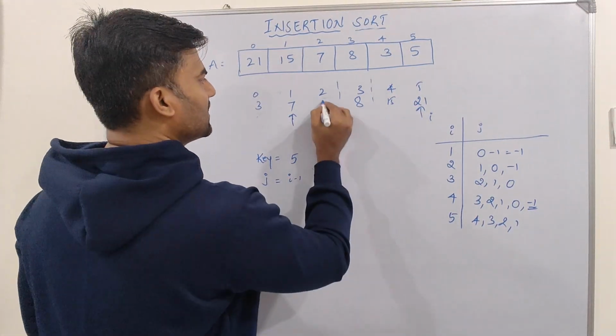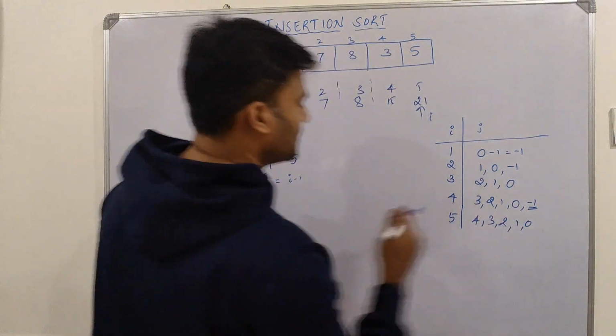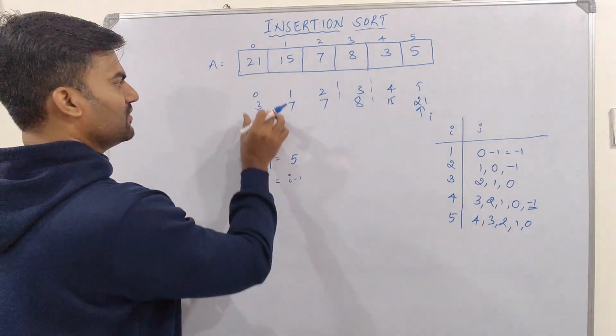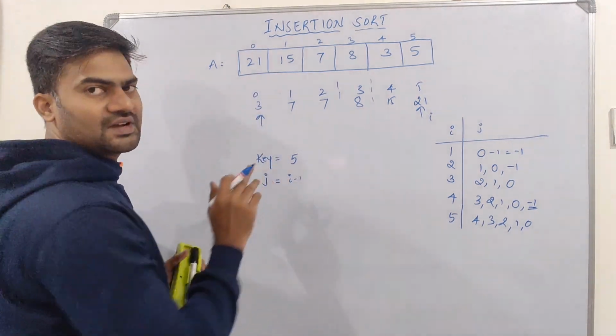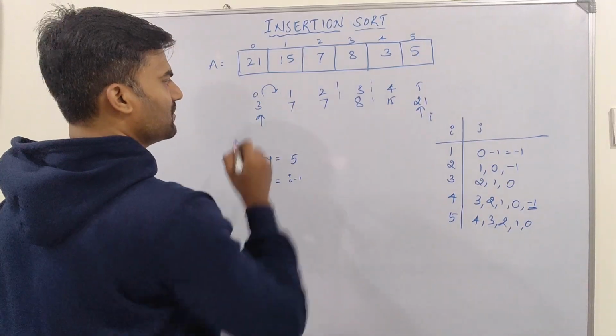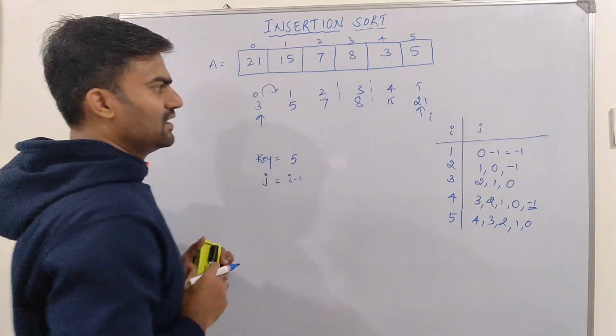So the next element gets replaced with 7, and j gets decremented by 1. Now j points to 0, but if we see, this element is less than 5, so I'll stop. And then what I will do, I'll simply increment j by 1, and I'll replace this value with my key.